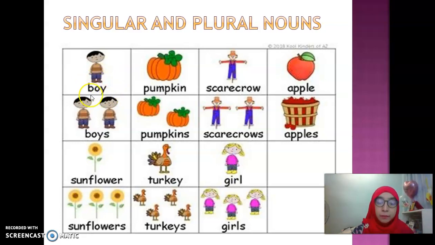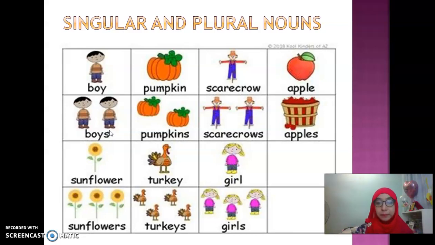So for example, this boy doesn't have an S at the end of the word, so it's usually singular. And if the word has an S at the back of the word, then it means that it is plural.